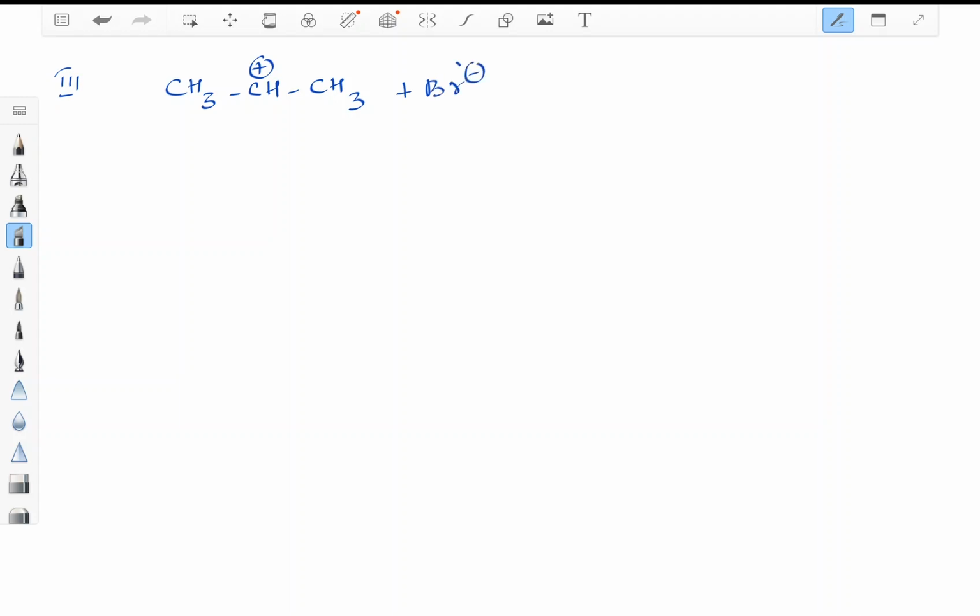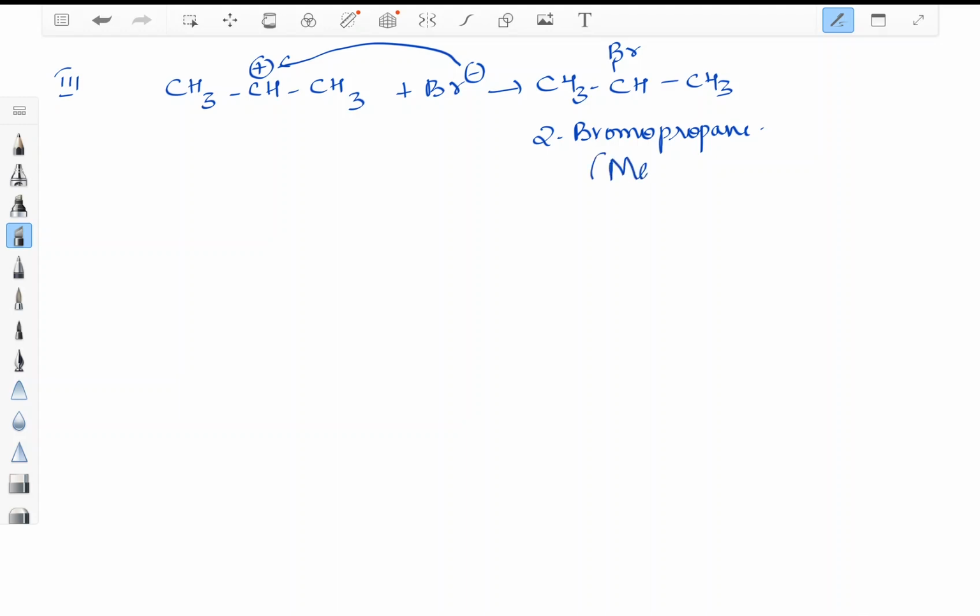This Br minus is going to shift here and results in the formation of CH3 CH Br CH3. That is 2-bromopropane, and this is your major product.